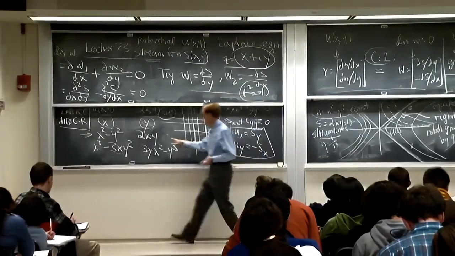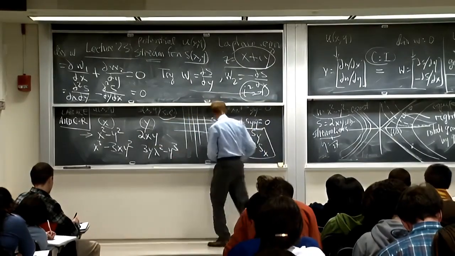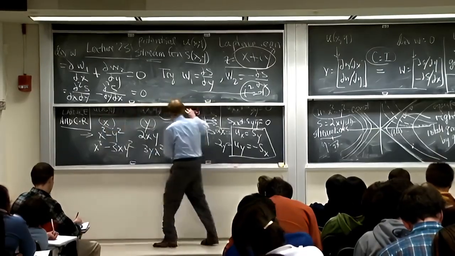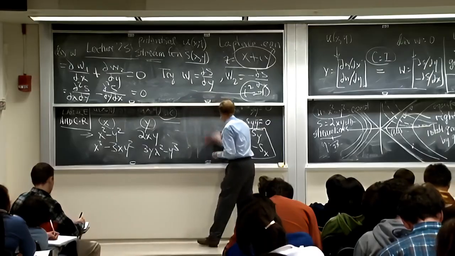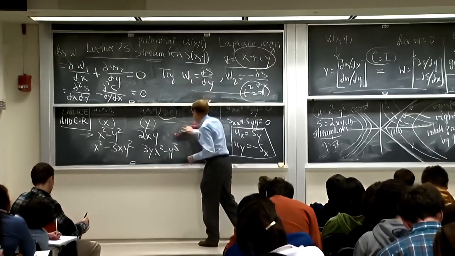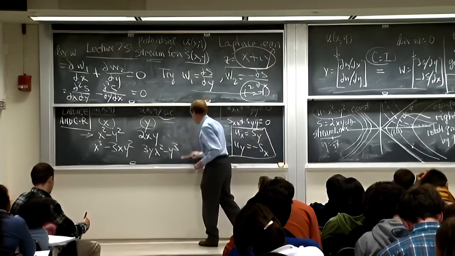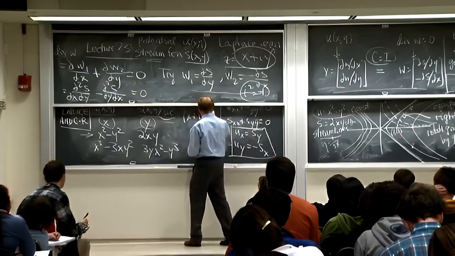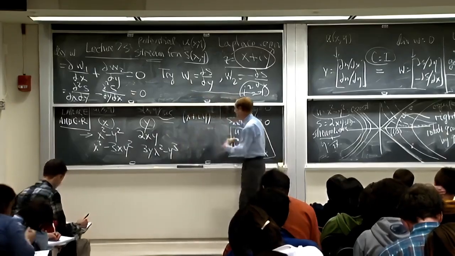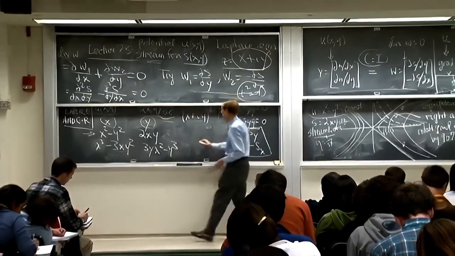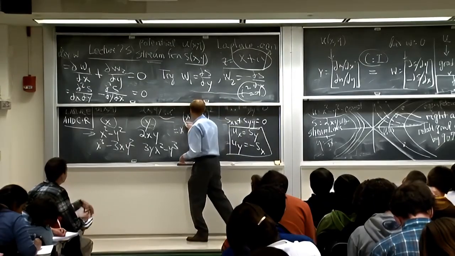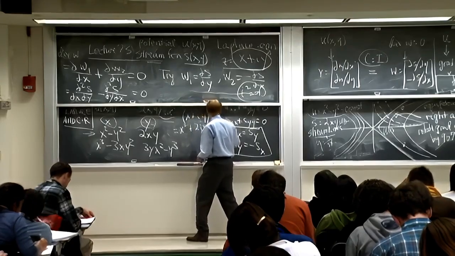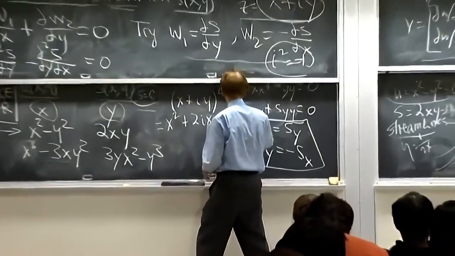So let me just check what I said about the squares first. How do you do x plus iy squared? Because that's what I believe we're seeing in the quadratic list. So I claim that if I take x plus iy squared, just do it normally, I get x squared, and I get 2i xy's, and I get I squared y squared, right?